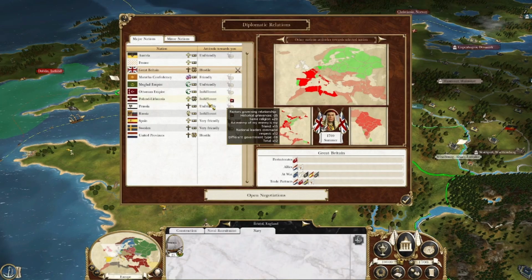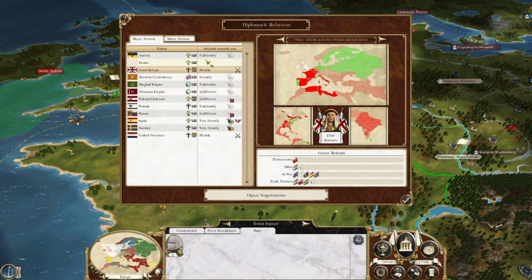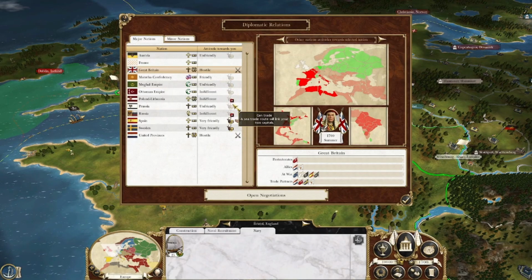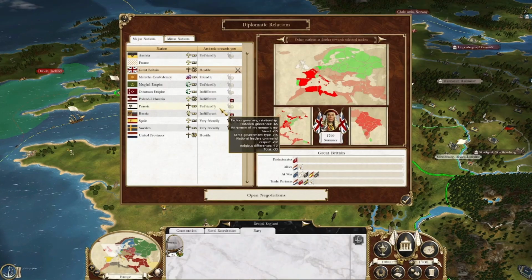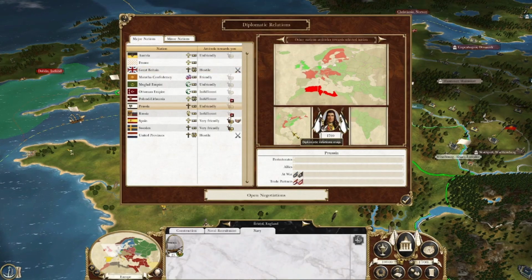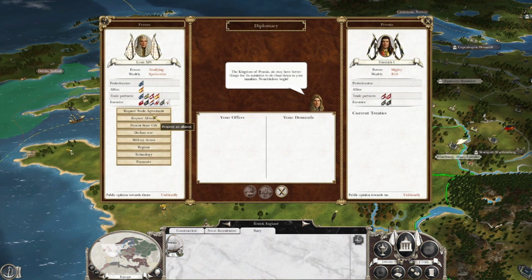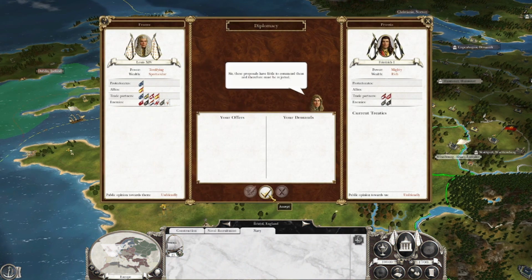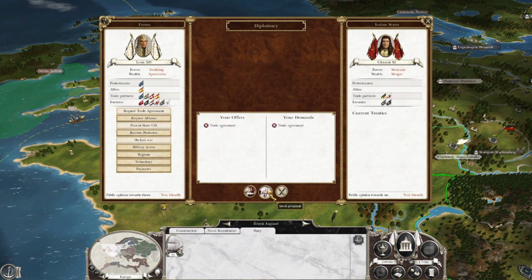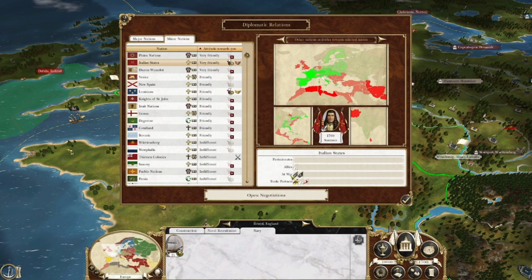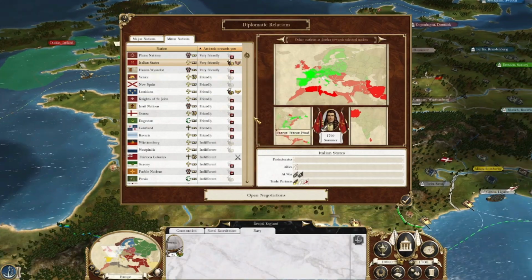So you can negotiate a trade agreement in the diplomatic relations panel, so you can see any countries we have a trade agreement with. You can see there this icon where it's sort of grayed out indicates that it is possible there is an available trade route between your countries, so you can then negotiate a trade agreement with them.